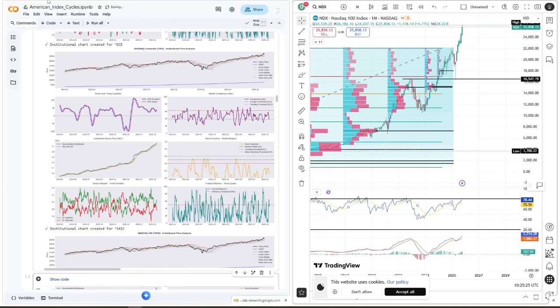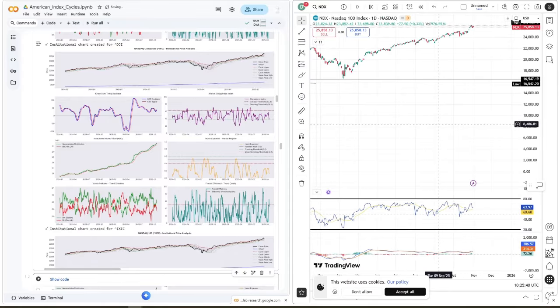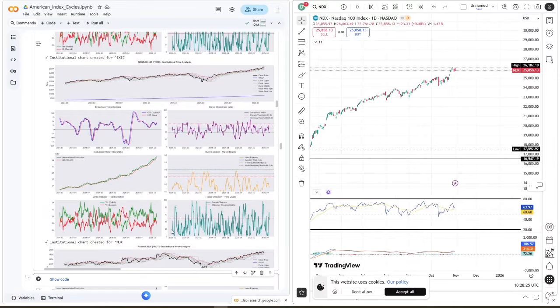Then you start to see that from accumulation, probably you start to have a distribution period, eventually. So you can see that there is a strong uptrend, bullish expansion.